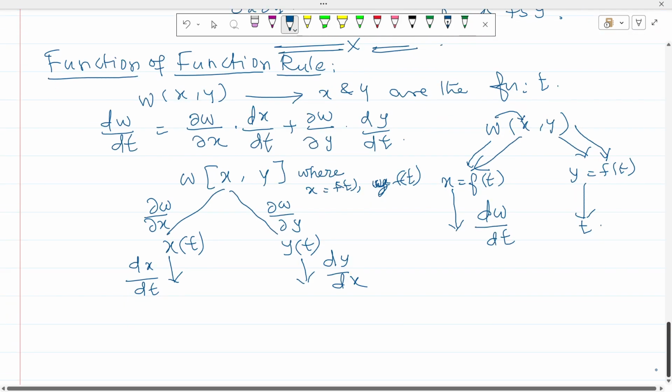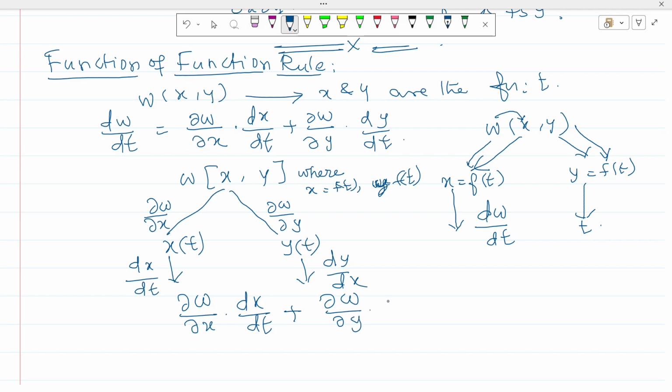Then if you are writing combinedly, del w by del x into dx by dt plus del w by del y into dy by dt.